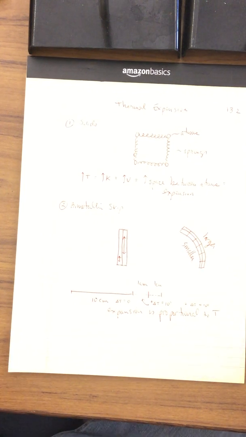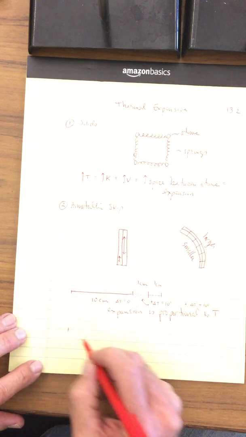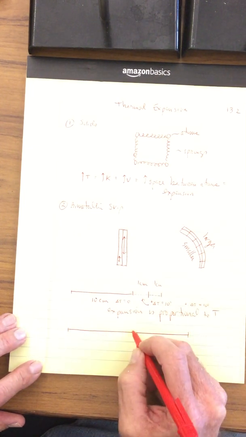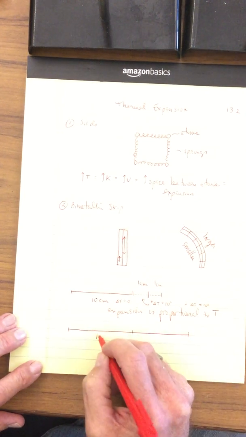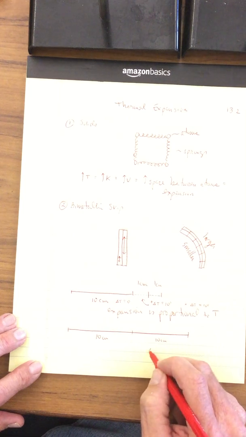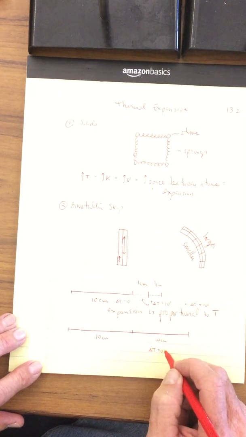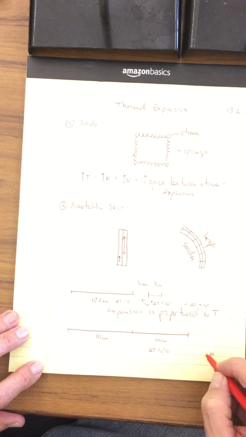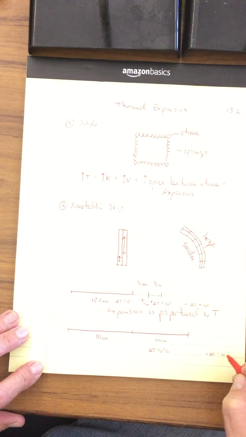Let's take a look at another scenario. Let's say we start off with something that's 20 centimeters. Okay, so we have 10 centimeters here and 10 centimeters here. Again, this is going to be delta T equal to 0 degrees Celsius. And we're going to go to a temperature change of plus 10 degrees Celsius.